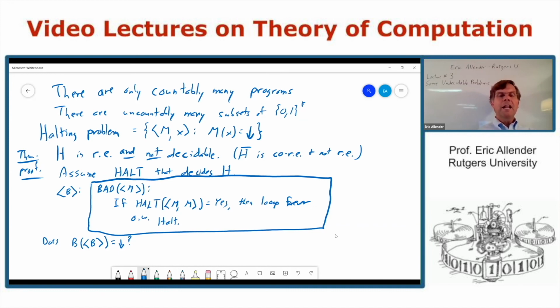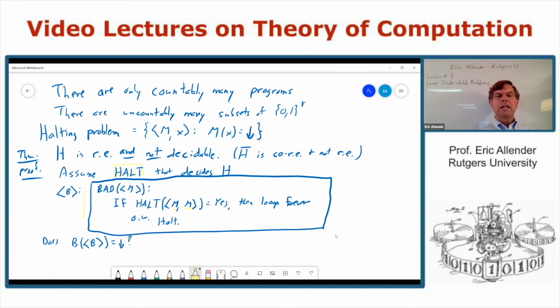And note that if the answer were yes, well, then what does this program do? Remember, we're running B, which is this program, on its own code. And if it does halt, its subroutine by definition is going to output yes, which means that this program B will loop forever, which means that if the answer is yes, then the answer is no. So that's impossible.